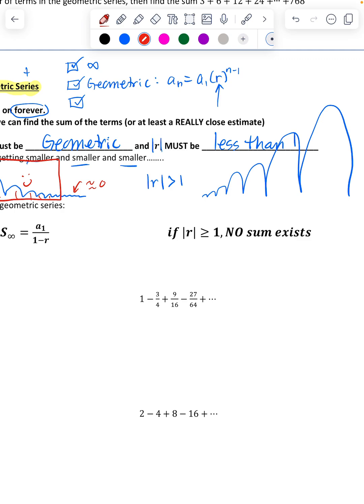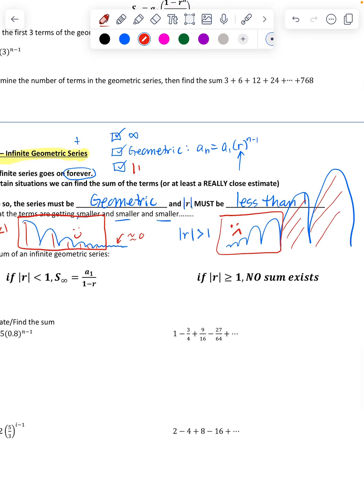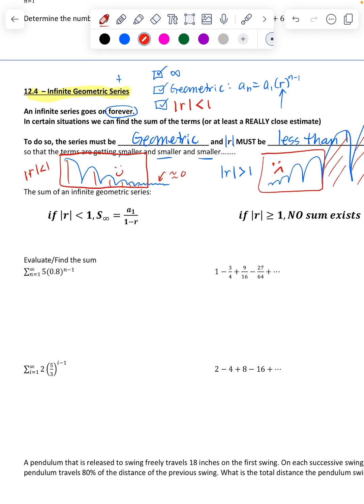And you can't say, let's just add up to here and call it good, because the majority of your stuff is going to be from there on out. So that third condition is that the absolute value of your ratio has to be less than 1. So the thing getting raised to the power is small enough that you can ignore that very end part.